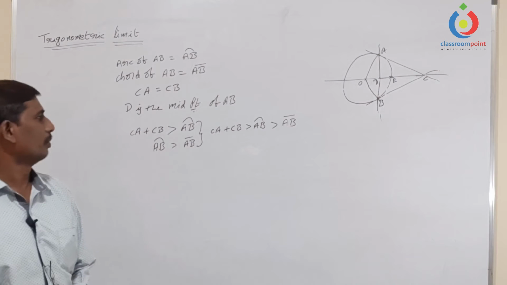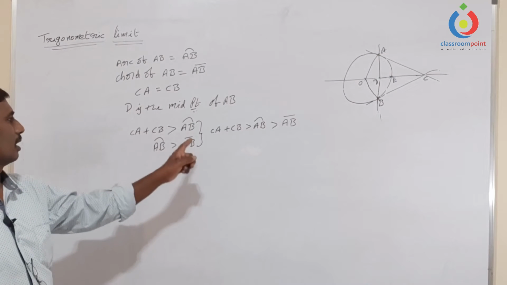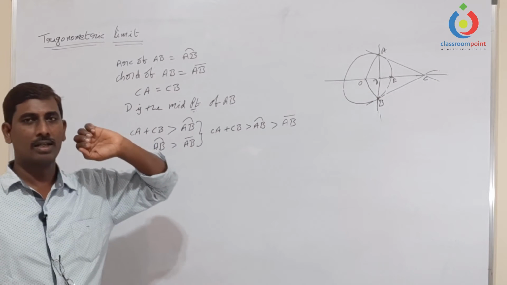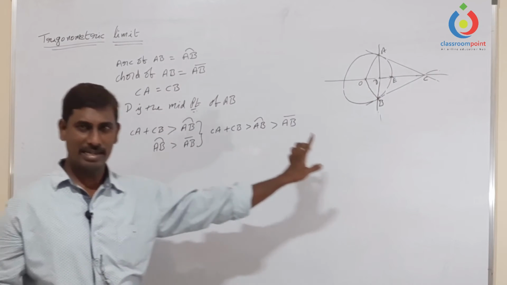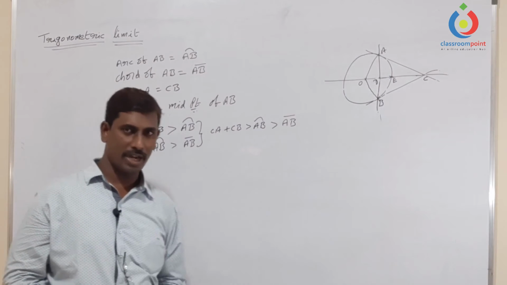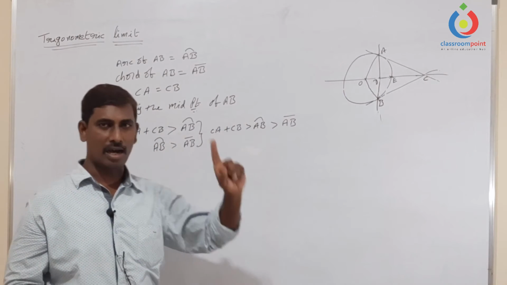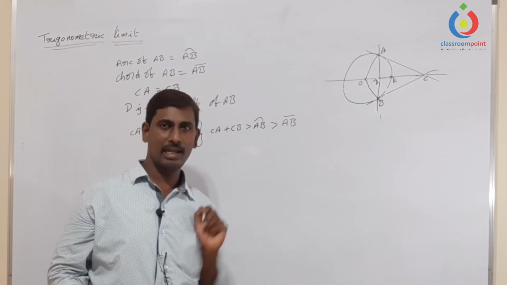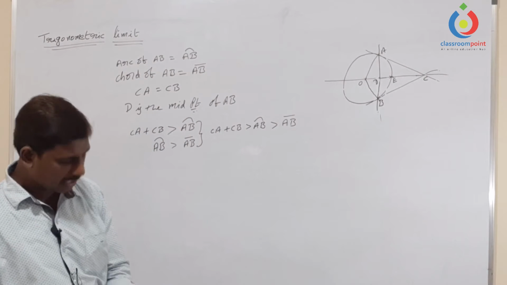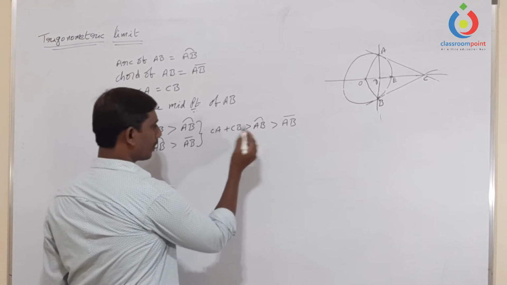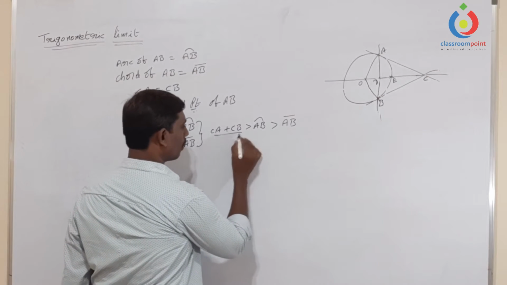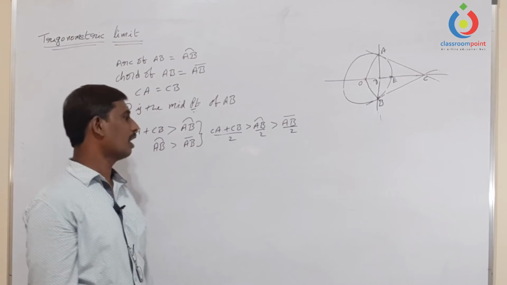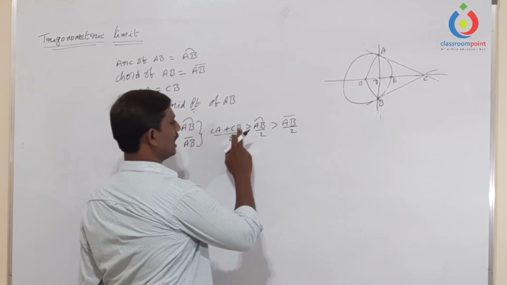Now, what should we do here? First of all, CA and CB are the tangents. Both are equal, first point. And next, AB is the arc. AB bar is the chord of the circle. Then what to do here? We'll divide each and every one by 2. Then what do we get here? (CA plus CB) by 2.